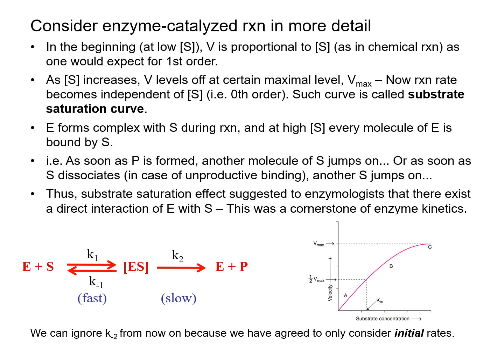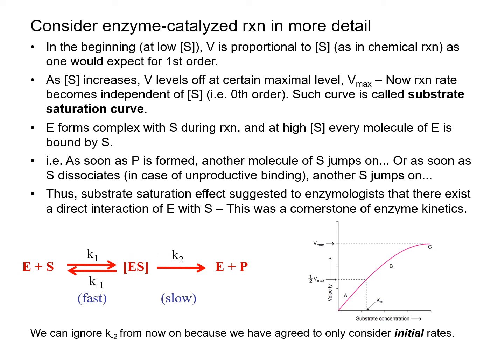The enzyme forms a complex with S, the substrate, during the reaction, and at high substrate concentration, every molecule of the enzyme will be bound by substrate to form this ES complex. That is to say, as soon as P is formed, the product, another molecule of S jumps onto the enzyme, or as soon as S dissociates from the enzyme in case of unproductive binding, another S will jump onto the enzyme to make this ES complex.